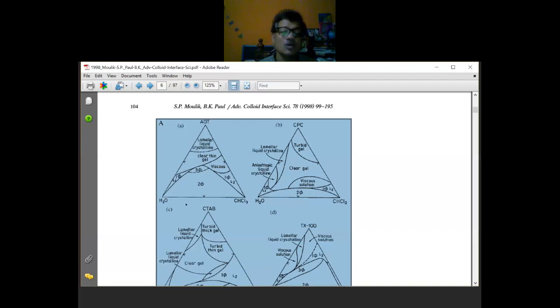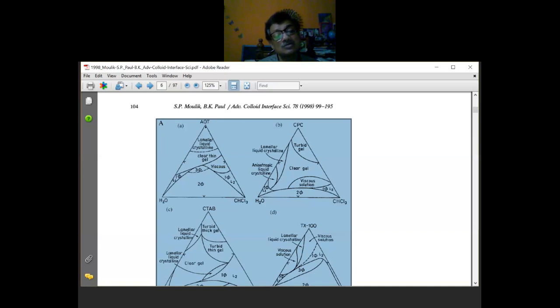And you see here oil and water are not miscible. So what will we get? You will get a two-phase zone, where 2 means two phase. So you will get a turbid solution. Now you go on adding surfactant, go on increasing the amount of surfactant, ultimately you will get a clear zone. Forget about the other thing.